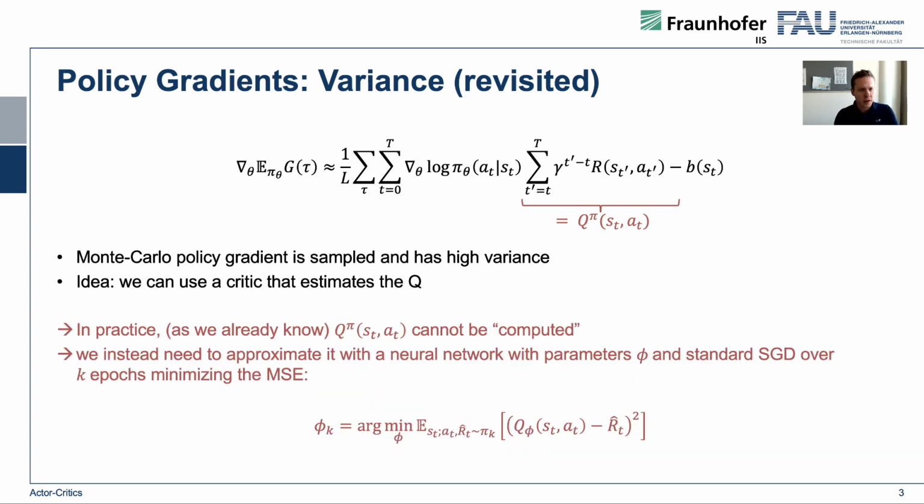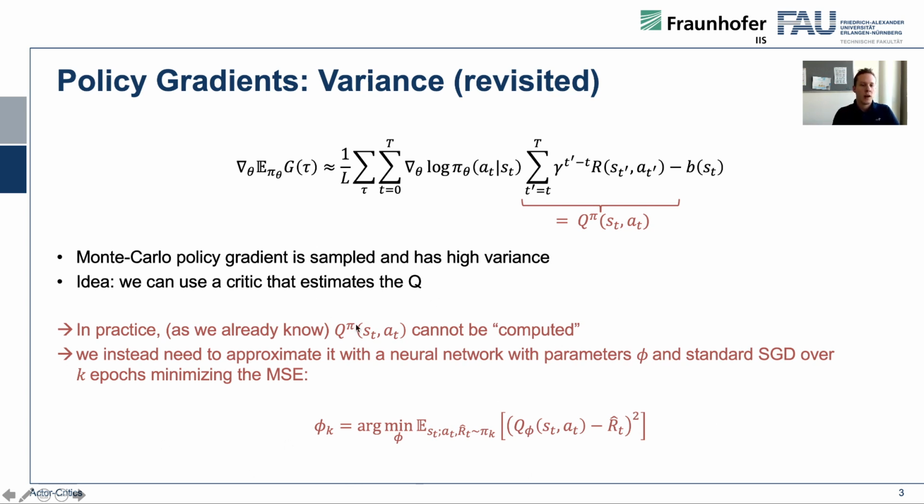In practice, we know Q pi cannot really be computed, or held in memory through a tabular representation or something like this, which means that we need to approximate it with a neural network defined over some parameters phi, and we want to train it with standard gradient descent over k epochs, minimizing some error metric such as the mean squared error. This is usually what we will be doing in this setting.